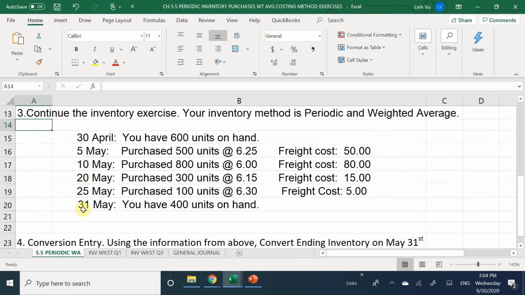What has happened on May 20th? On May 20th, we purchased 300 units at $6.15 each with a freight charge of $15.